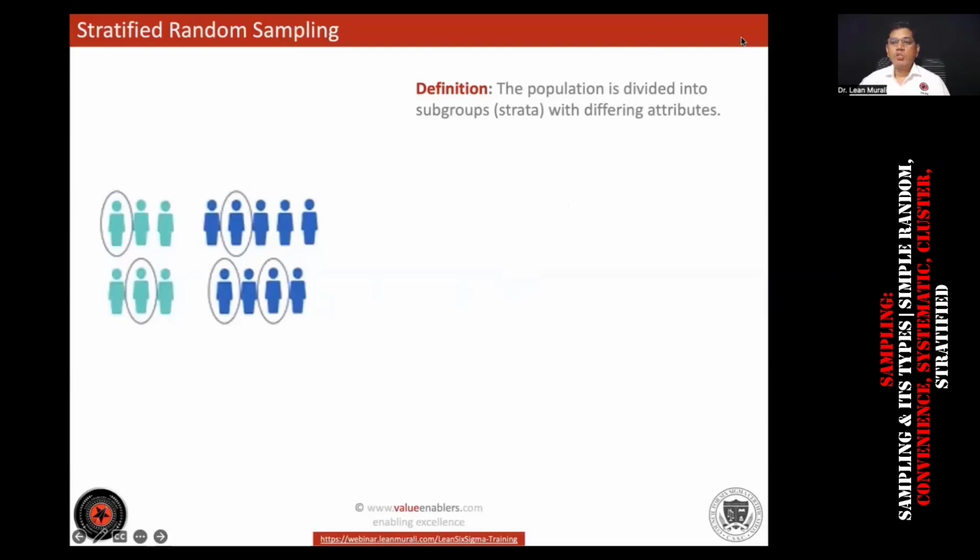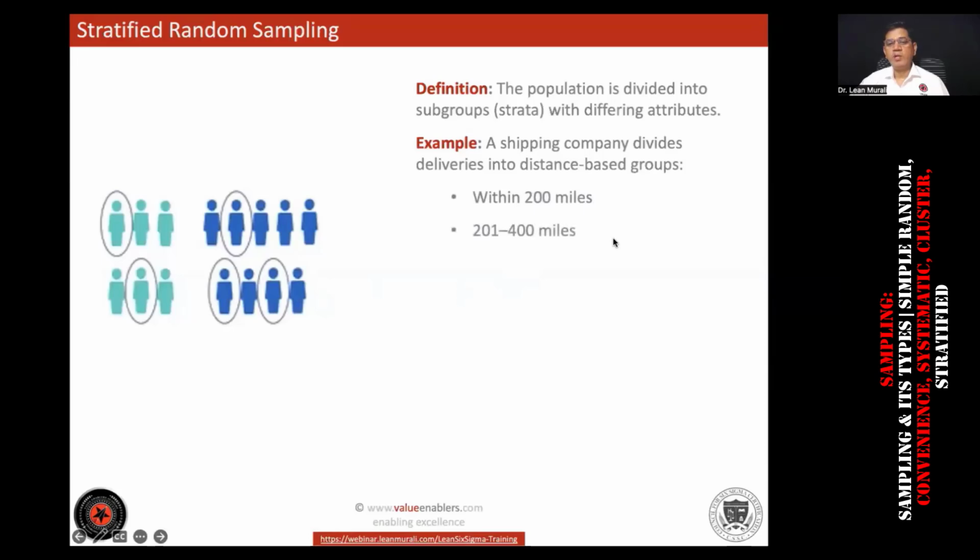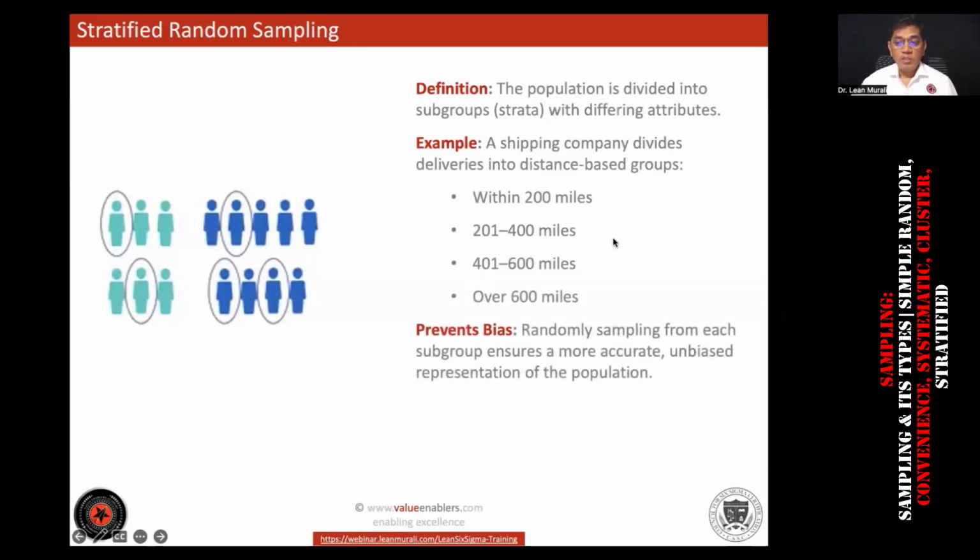So the population is divided into subgroups with different attributes, here green and blue. For example, a shipping company divides deliveries into distances within 200 miles, 201 to 400 miles, 401 to 600 miles, or over 600 miles. Randomly sampling from each subgroup ensures a more accurate, unbiased representation of the population.